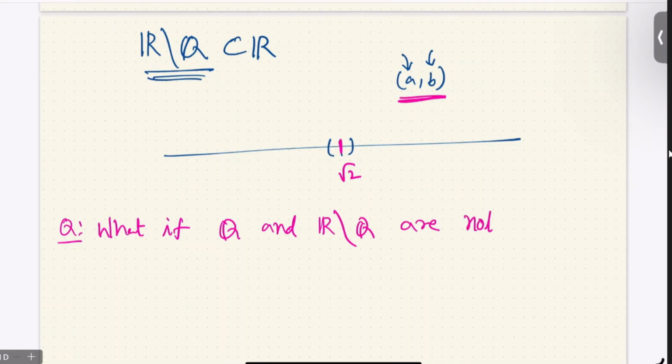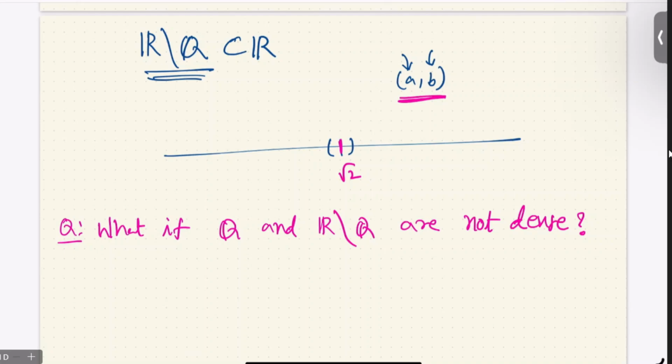This is a what-if. Of course, fortunately, we have it dense. What if, suppose, they are not dense? Can you give some guesses?